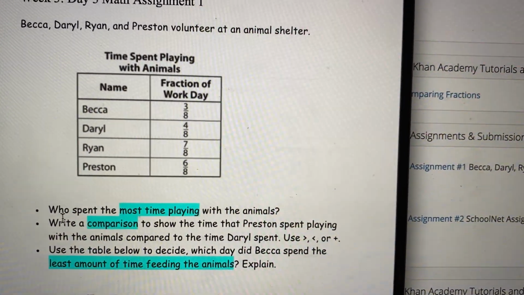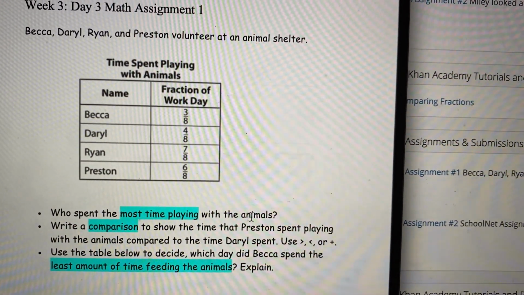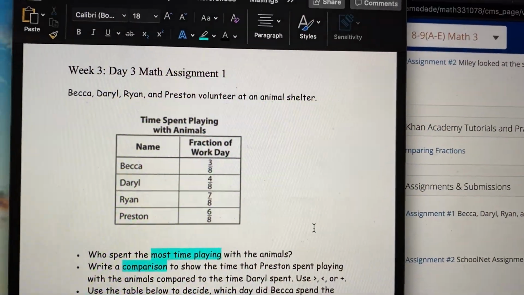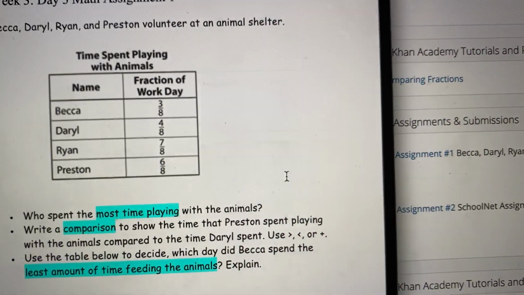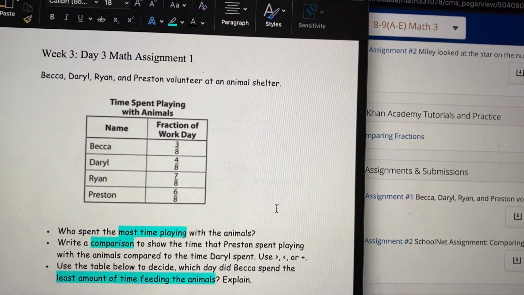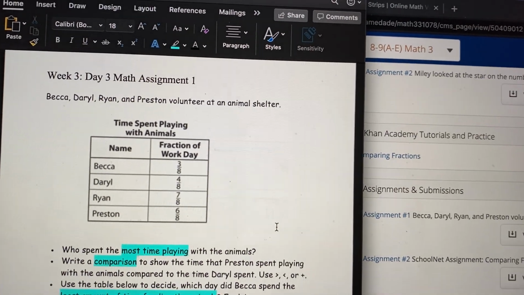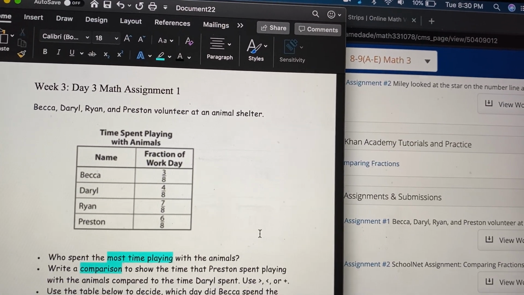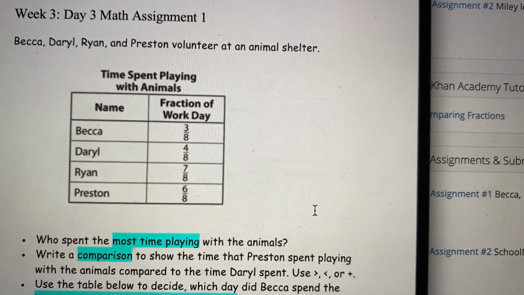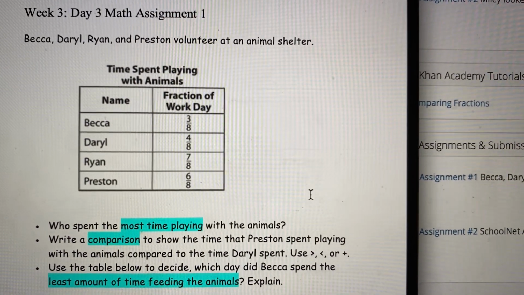So it says here, who spent the most time playing with the animals? So looking at your least to greatest, what was the greatest one?